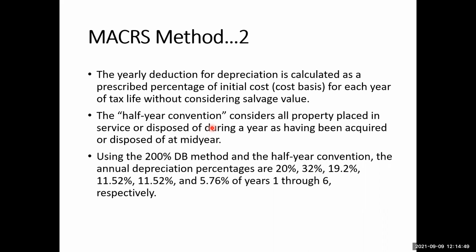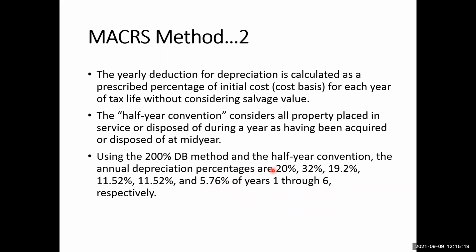Therefore, for the calculation purposes and how these percentages are calculated, it uses the 200% declining balance method and the half-year convention. So the annual depreciation percentages are 20%, 32%, 19.2%, 11.52%, 11.52%, and 5.76% for years 1 through 6 respectively.